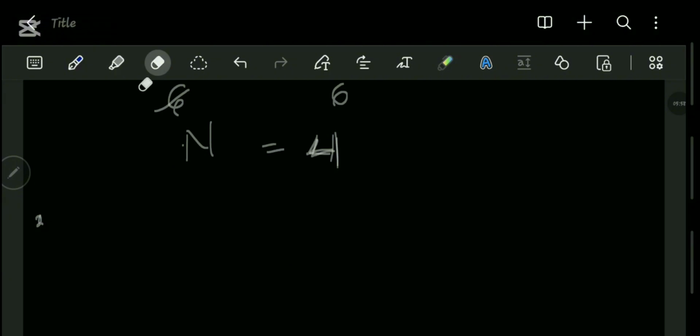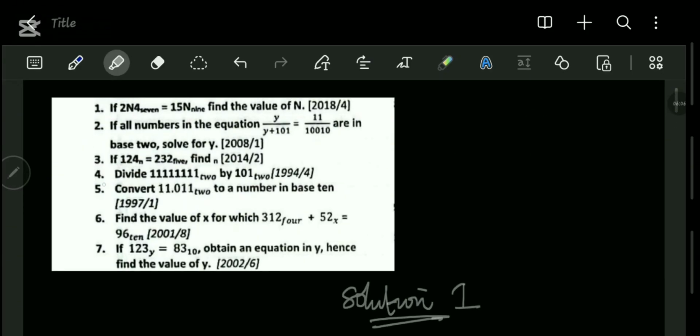For solution to question 2, the question said, if all numbers in the equation y over y plus 101 is equal to 11 over 10010 are in base 2, we are to solve for y.